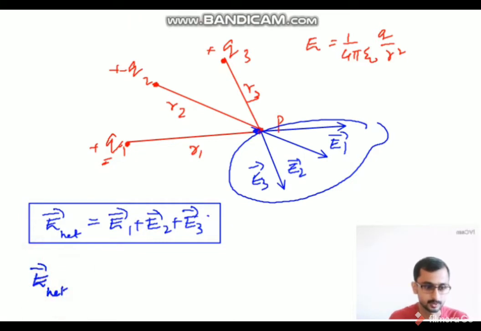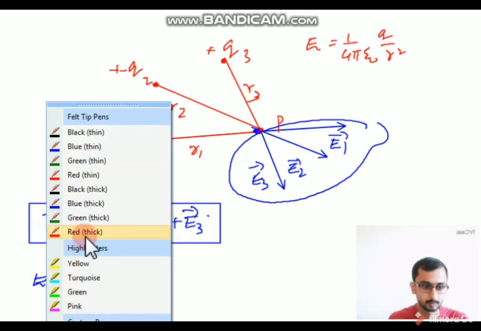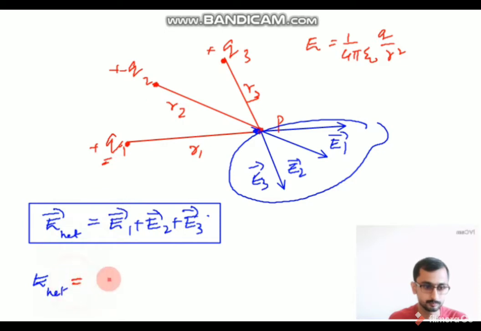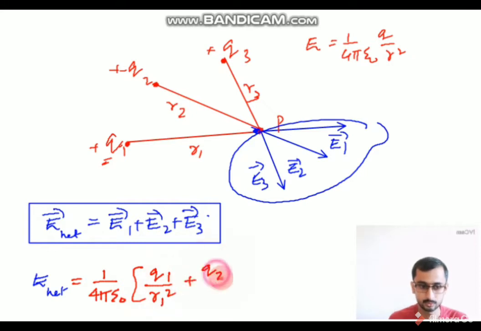I'm just writing in terms of magnitude. So E net is equal to 1 by 4 pi epsilon naught, which is common, into q1 by r1 square plus q2 by r2 square plus q3 by r3 square.